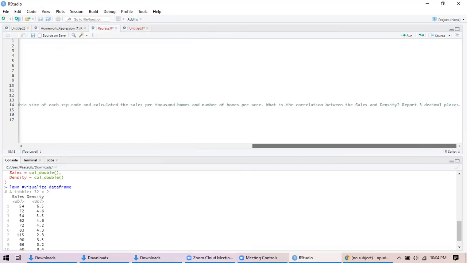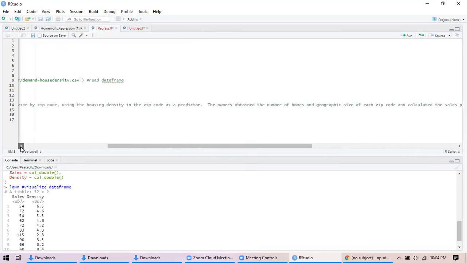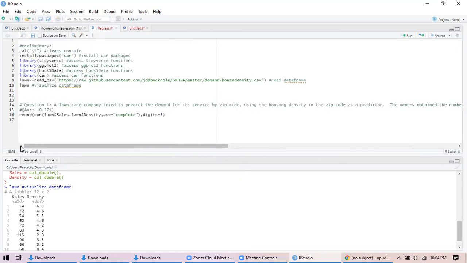So that's one piece, and then report in 3 decimal places. Yeah, perfect. So it's wanting you to do the correlation, right? I kind of put the answer there, that's ANS, the answer on line 15. But let's figure out how I did that.